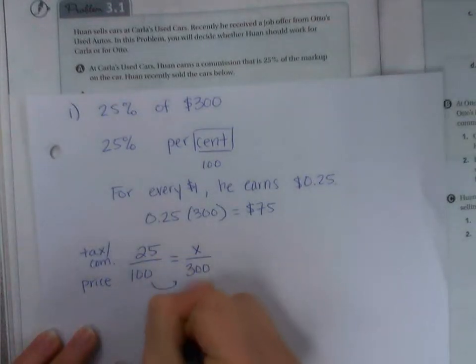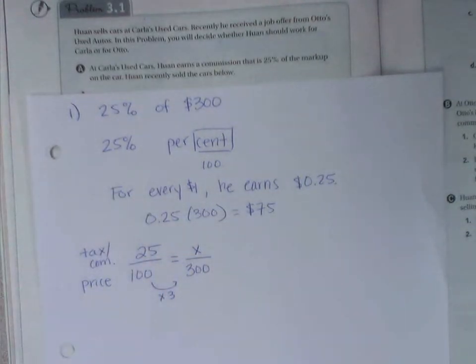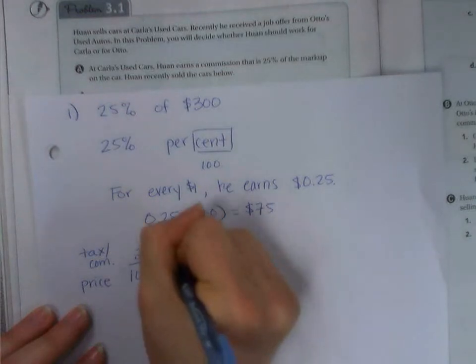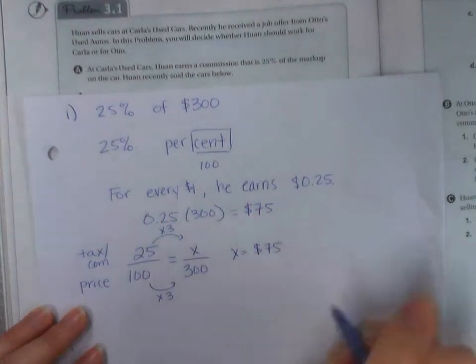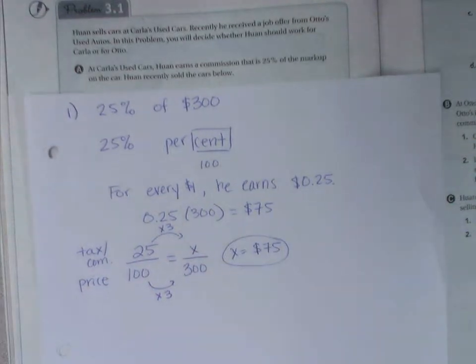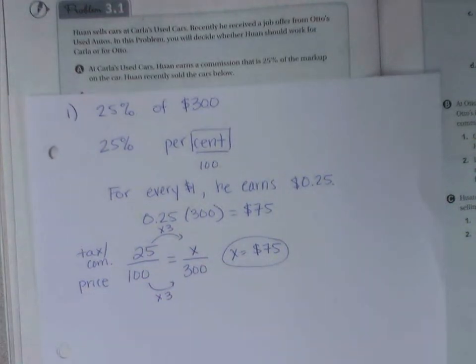Well, 100 times 3 would give us that $300. So 25 times 3 would give us our commission, or $75.